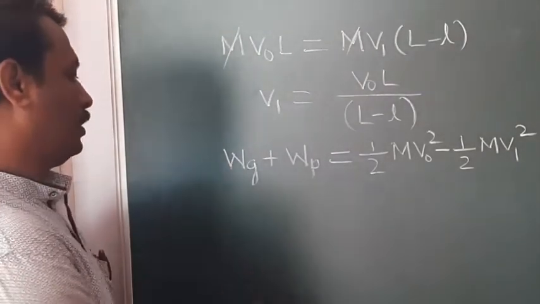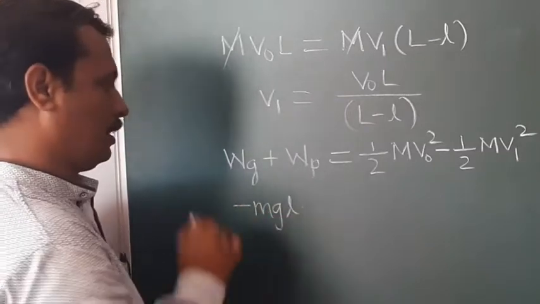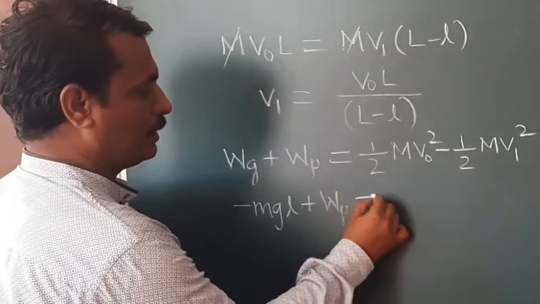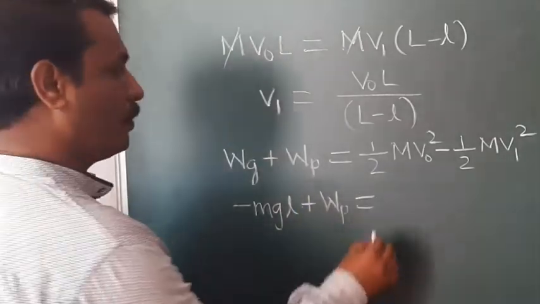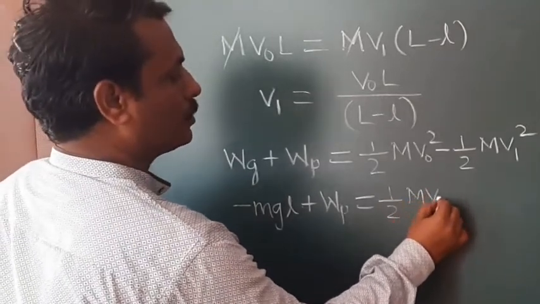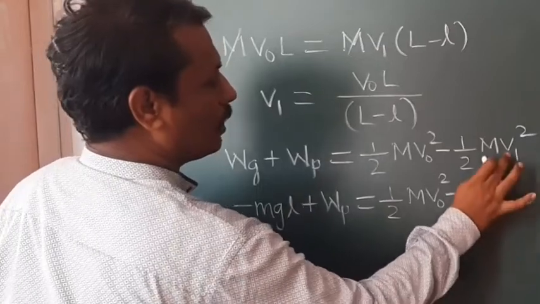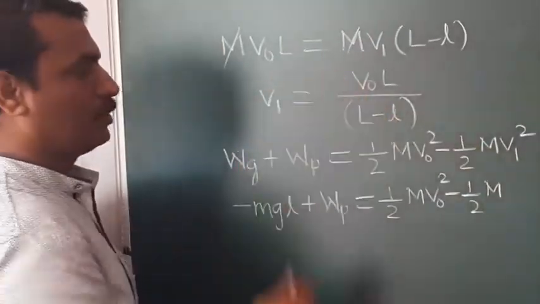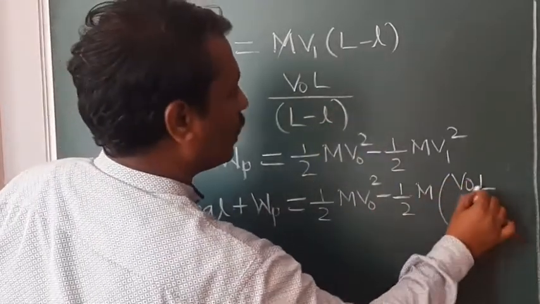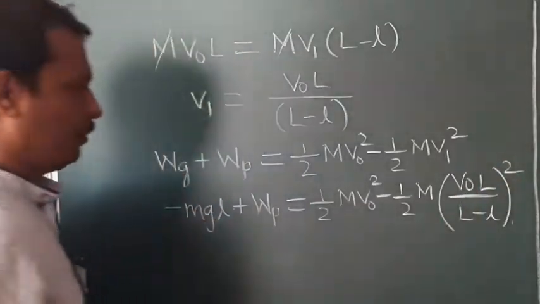Now Wg can be written as minus mgl and Wp we have to find out. I will write it as it is. Then this is equal to 1 by 2 m v naught square minus 1 by 2 m, and here I will substitute v1, then we will get v naught L by (L minus l) whole square.